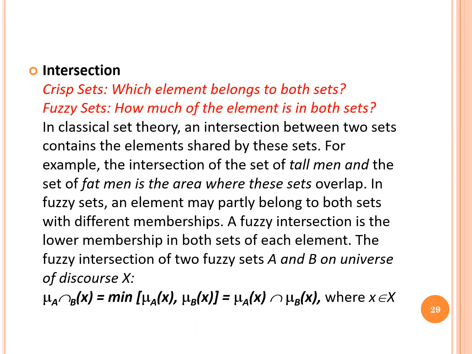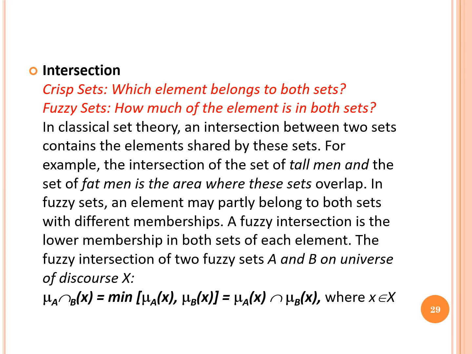And then we have intersection, where the question is which elements belong to both sets. While in fuzzy set, we can describe how much of the element is in both sets. The crisp is which, and the fuzzy set is how much.